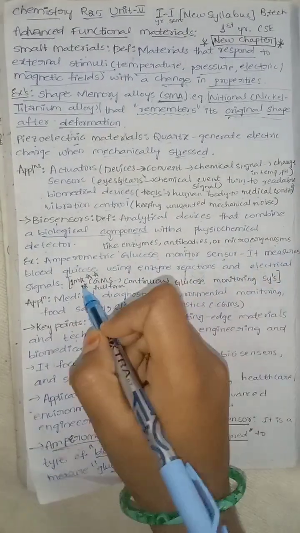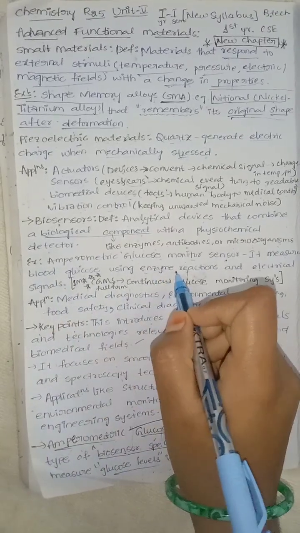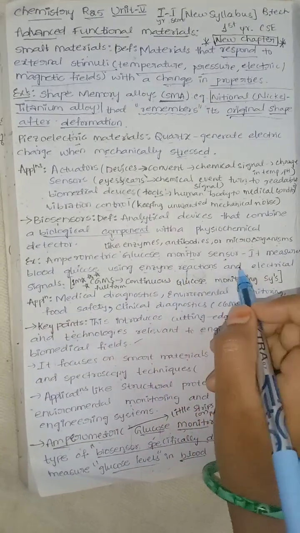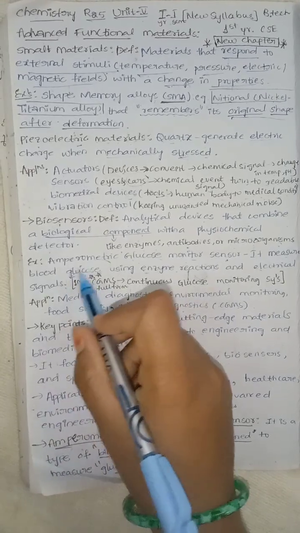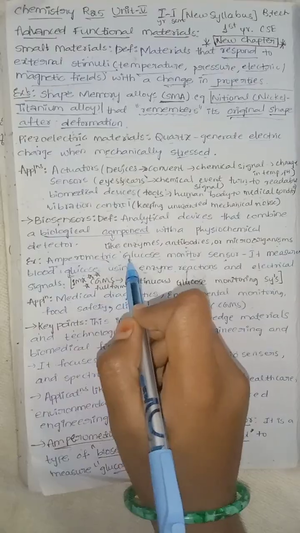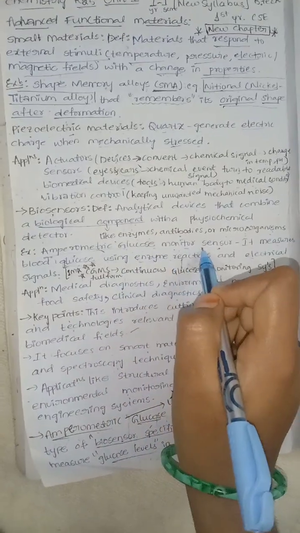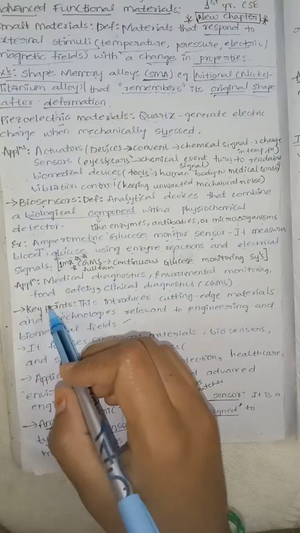It measures glucose levels in the blood by using enzyme reactions and electrical signals. It is an example of the biosensor concept.